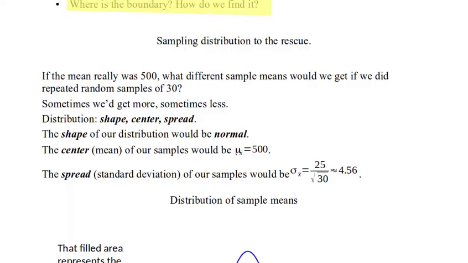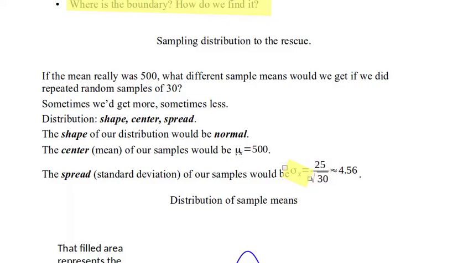The center of our sample means would be the mean of the sample means, and that's the same as the population mean, 500. The spread, or the standard deviation of our samples, would be the standard deviation of the sample means, and that is shown, as you remember from previously, as sigma sub x bar, and that is by definition the population standard deviation sigma divided by the square root of n.